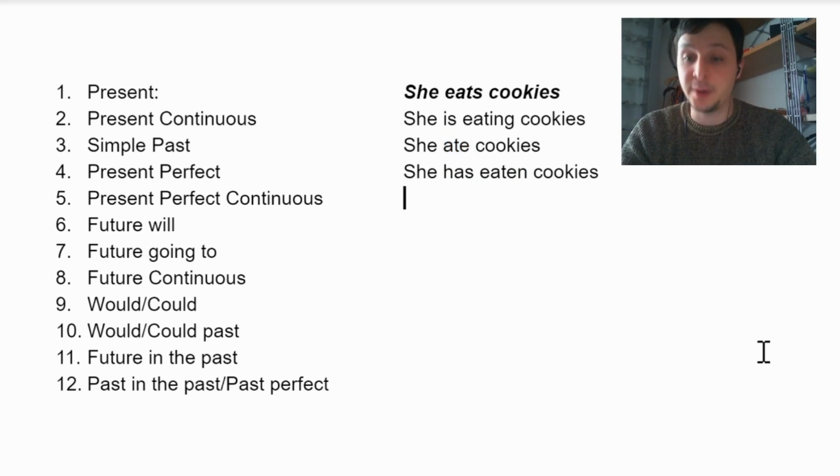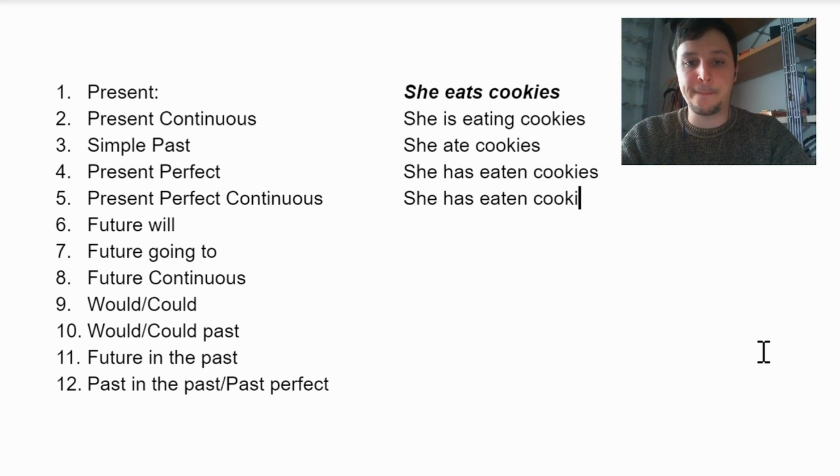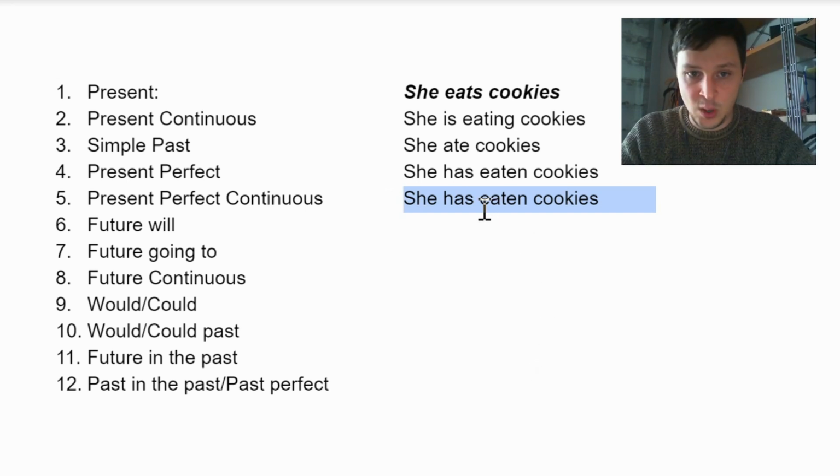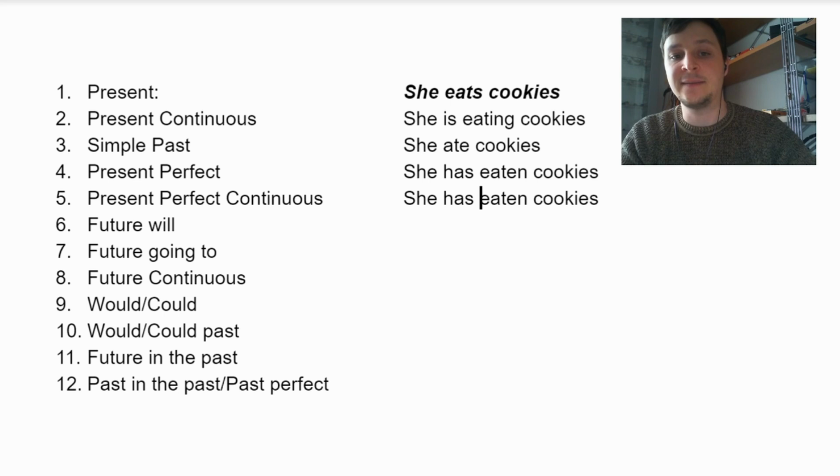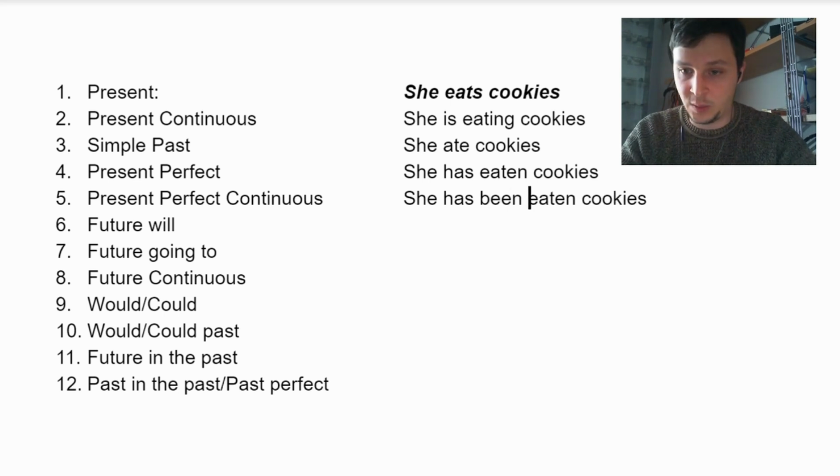Next, present perfect continuous. So let's start just with present perfect again. How do you change this to a continuous form? Well, first, you always have to add been, okay? She has been, and then you just make it continuous. Eaten, eating. She has been eating cookies.